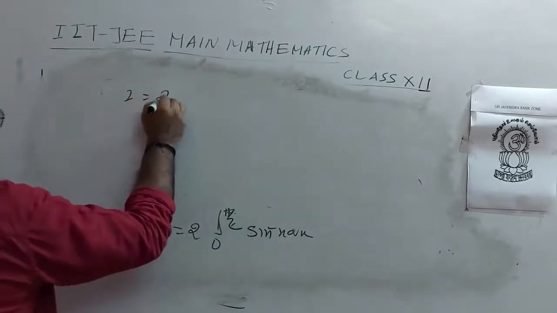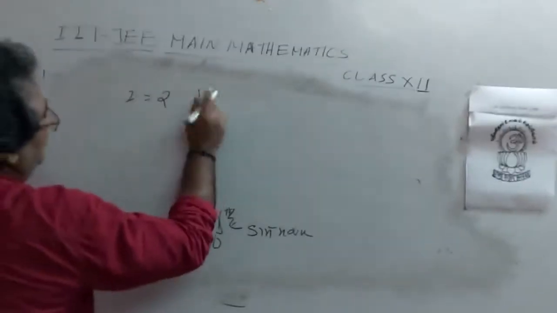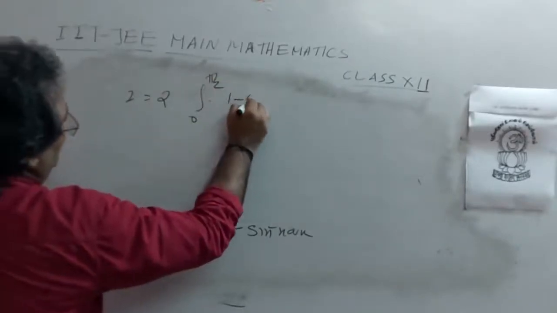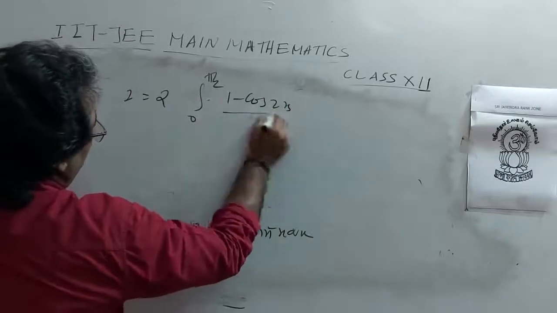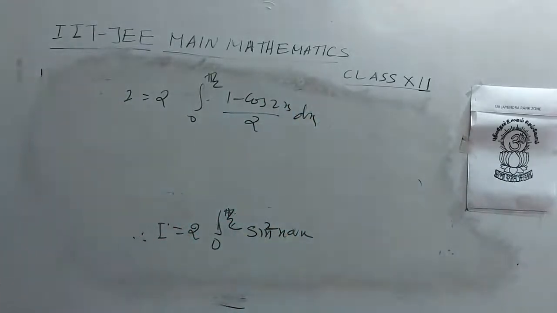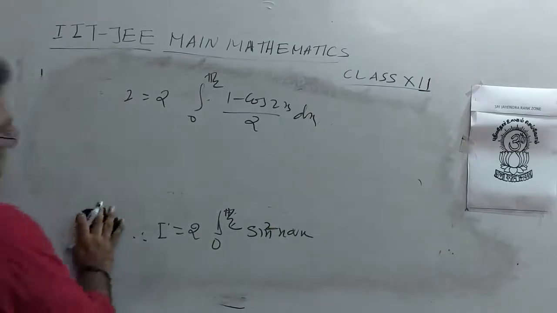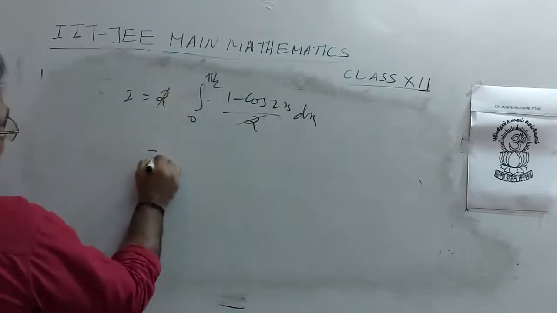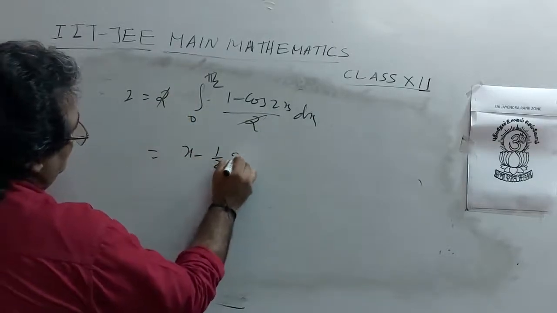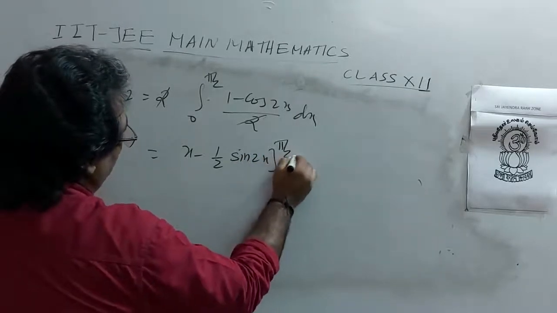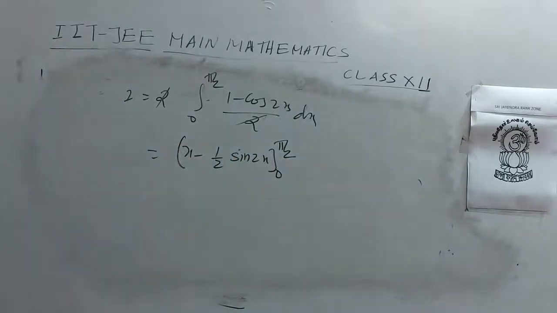I equals twice integral 0 to pi by 2 of 1 minus cos 2x by 2 into dx, which is x minus 1 by 2 sin 2x.